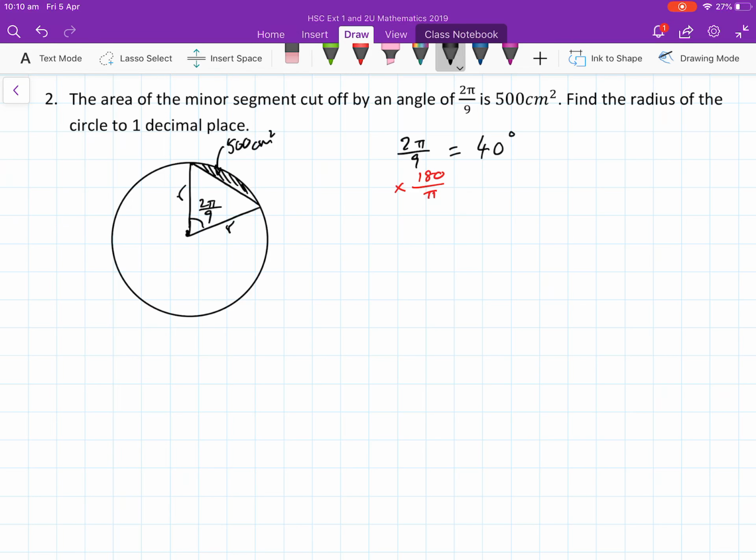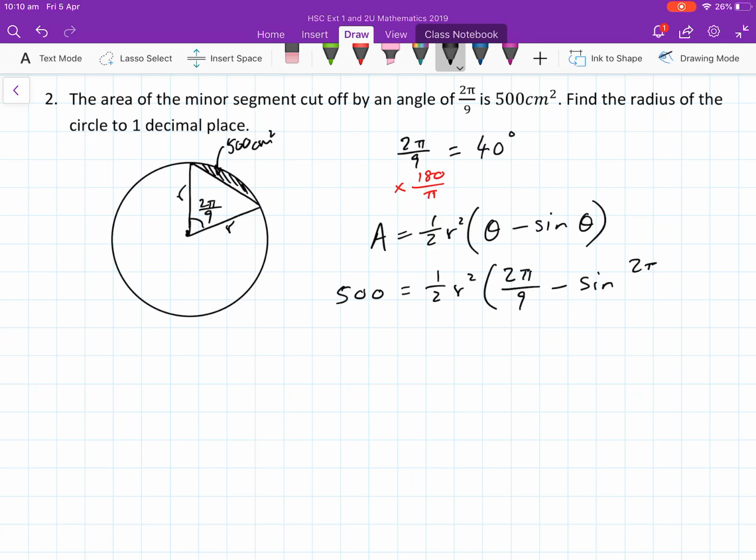So, again, I'll write the formula. A is equal to half R squared theta minus sine theta. So in this case, we know what the A is. It's 500. Half R squared. Well, I know what theta is as well, which is 2 pi on 9 minus sine of 2 pi on 9.